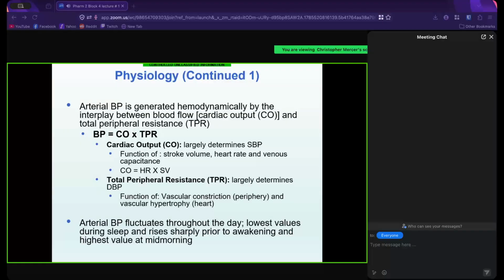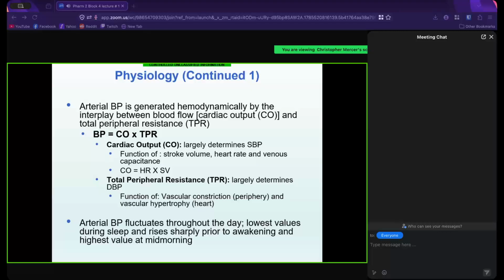When we get into the classes, anything that slows the heart or decreases how hard the heart is pumping, or the contractility of the heart, is going to lower systolic blood pressure. We'll talk specifically about which medication classes do that.